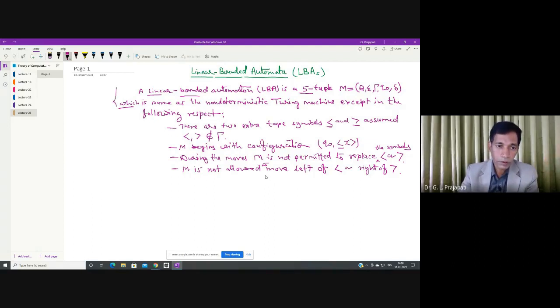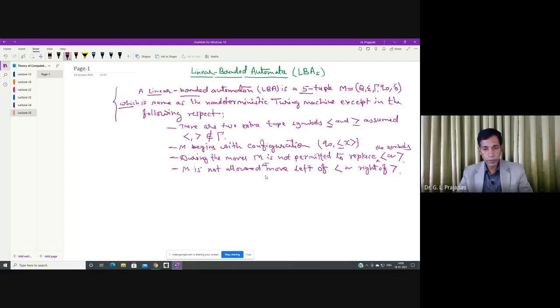So an LBA is the same as the non-deterministic Turing machine. And what extra are we adding in the LBA? We are using two extra tape symbols, the left angular bracket and the right angular bracket.